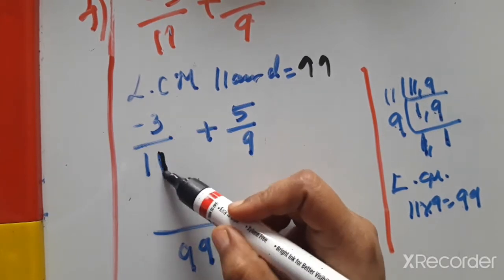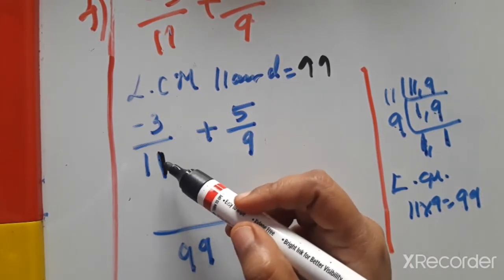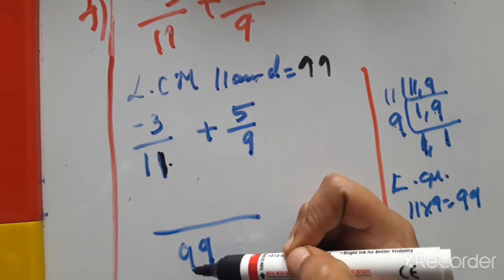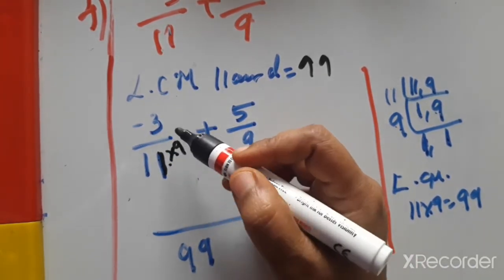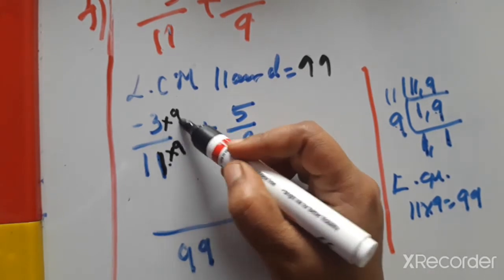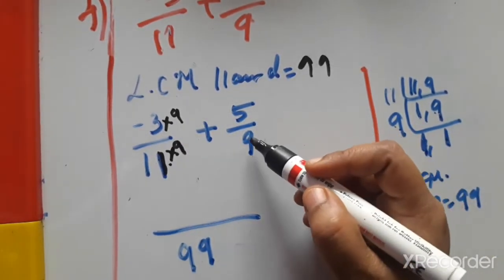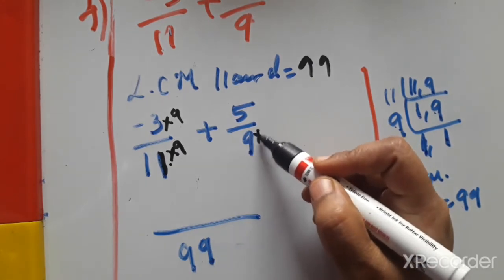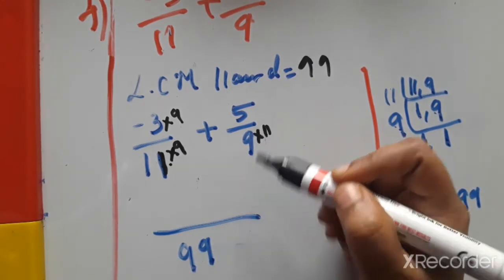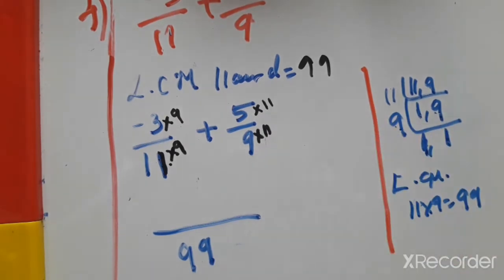Check the 11 tables: 11 nines are 99, so multiply by the same number. Now 9 how much makes 99? 9 elevens are 99, so multiply by the same number.